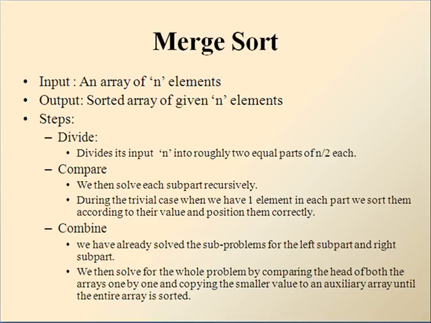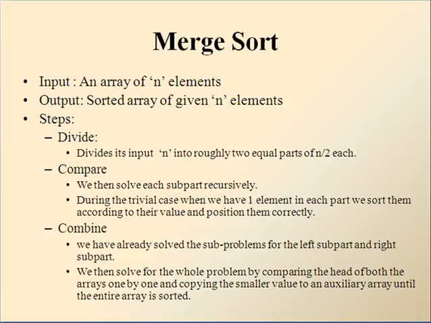Merge sort. The input is an array of n elements. The output is a sorted array of n elements. Divide: divide the input n into roughly 2 equal parts of size n by 2 each. Conquer: we then solve each subpart recursively.